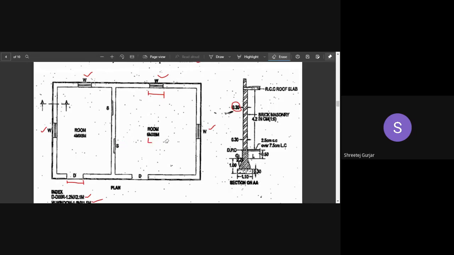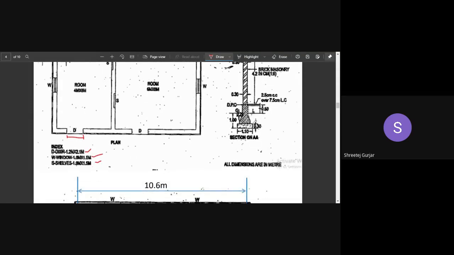Coming to the cross section. At AA, we have been given a cross section AA as shown in the figure. Coming from the bottom, this is your ground level.